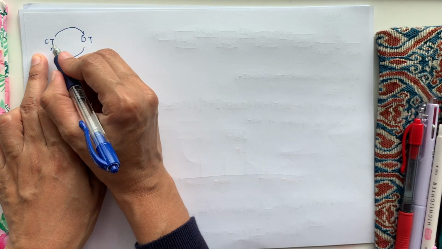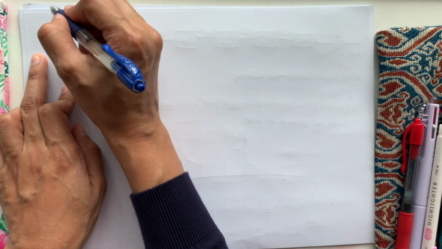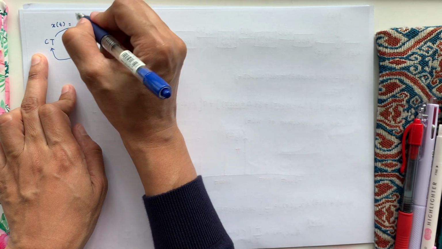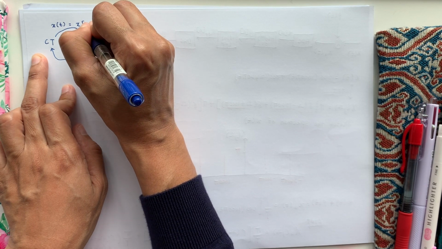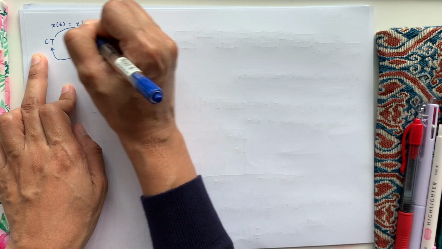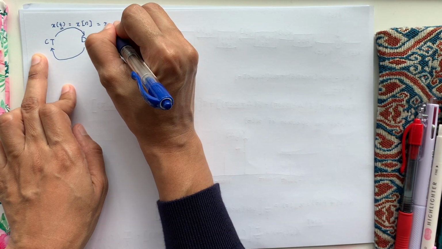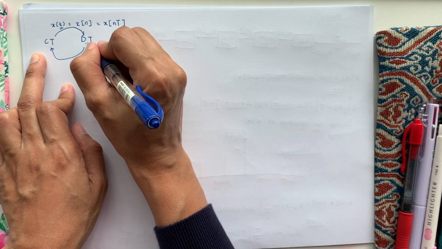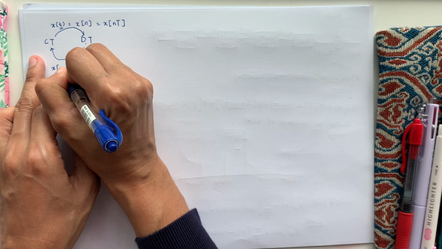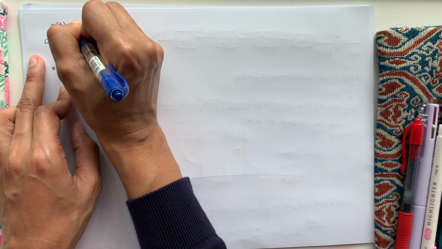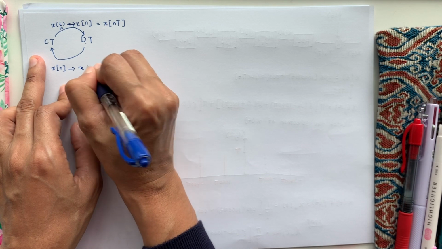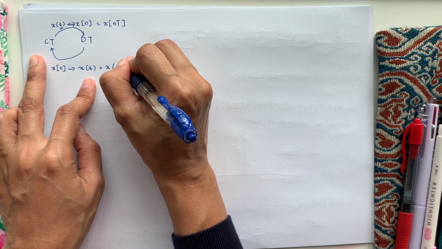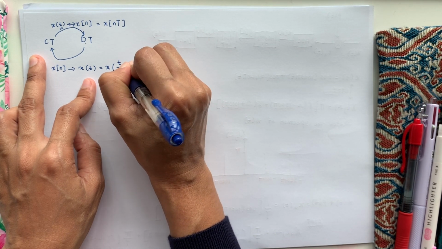For you to convert from continuous time to discrete time, you have to replace your t with nT. For you to convert from x[n] back to x(t), you replace your n with t over capital T.